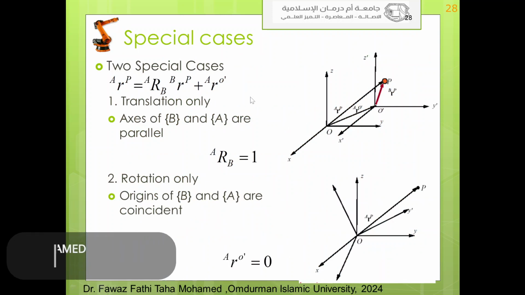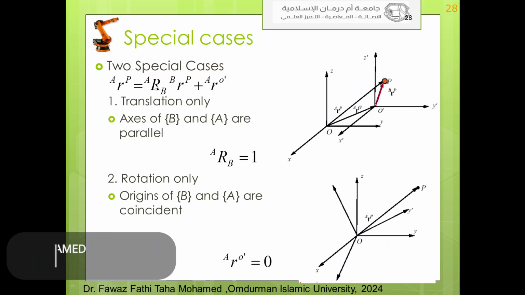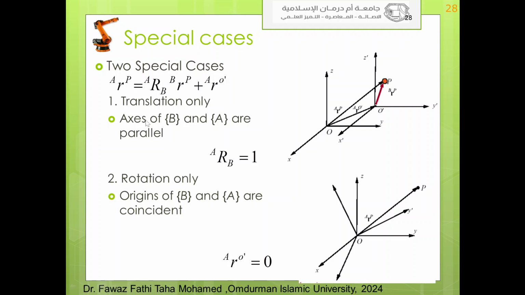For the same expression, we can consider two special cases. If the frames are parallel, there is no orientation change. So in the homogeneous transformation, this rotation matrix is equal to identity.